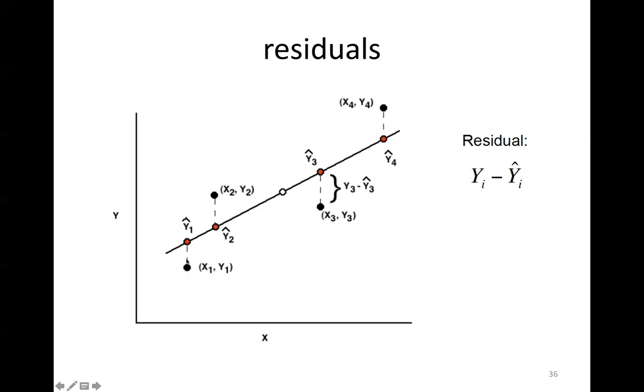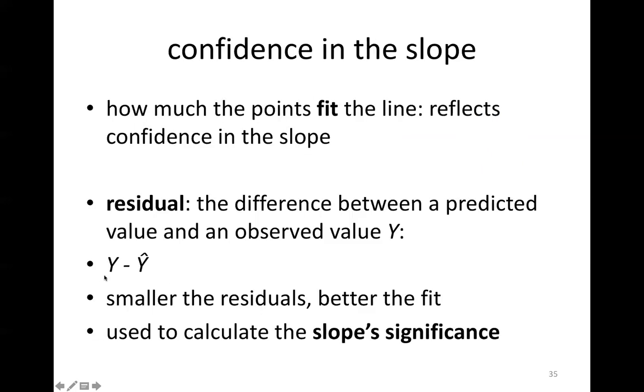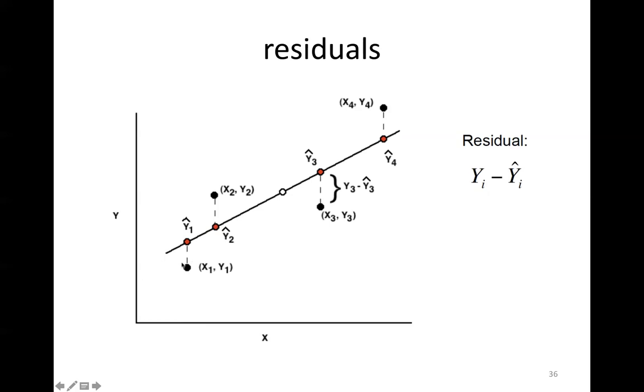So the residual here is this difference. And here the residual is negative. Residual is calculated as observed data minus the expected, predicted data. Here, the y1 value is lower than the predicted value, so this is a negative residual. This is a positive residual, y2 hat, right?